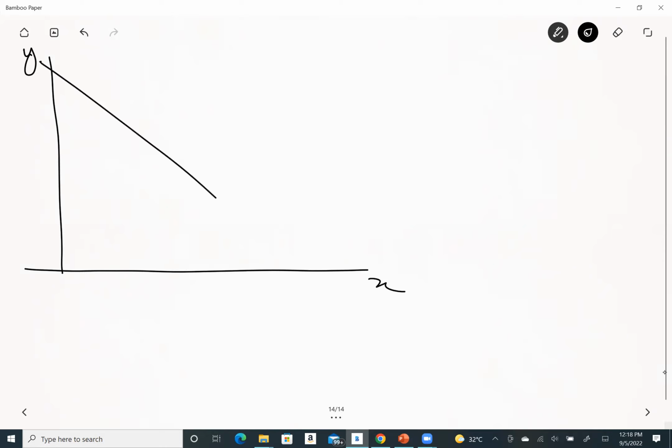Now, given the budget line, you have here X, Y. So I still use I equal to PXX plus PYY. So the budget line will look like this. Just like the demand function, it's downward sloping.